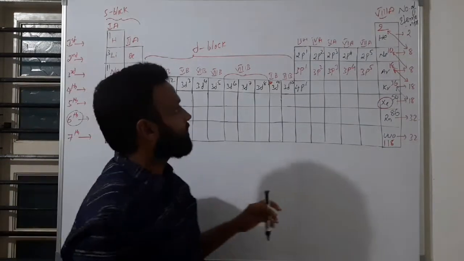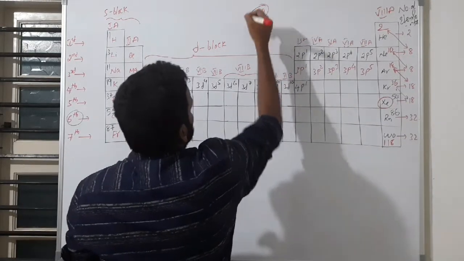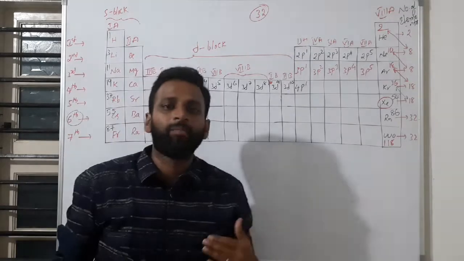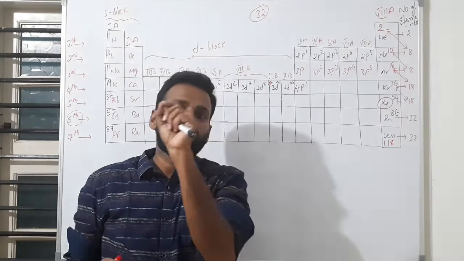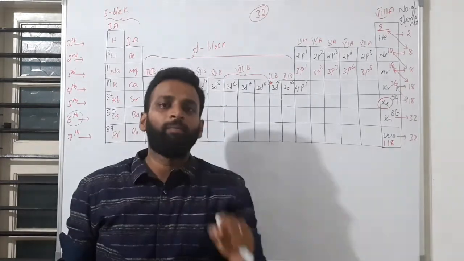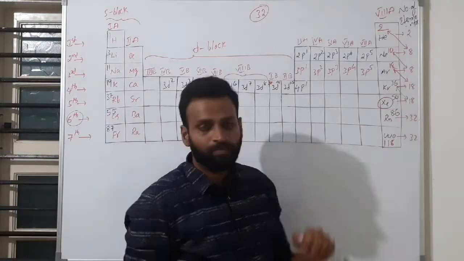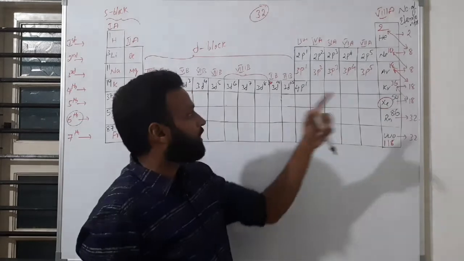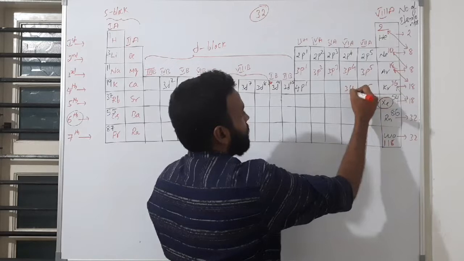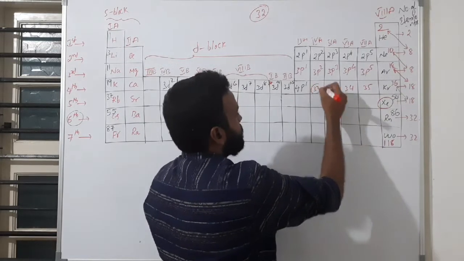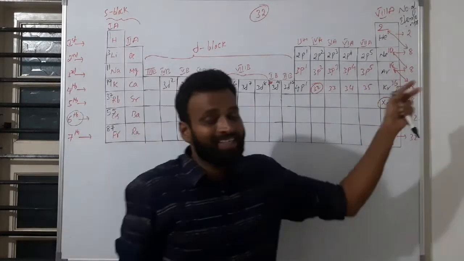Okay. Suppose somebody asks, atomic number is 32, which is its group number and period number. I repeat, atomic number 32, its group number and period number they are asking. Okay, 36 I know. 36, 35. Here it is 35. Here it is 34. And here it is 33 and 32. Okay, the element 32 belongs to the 4th period because 36 I know.